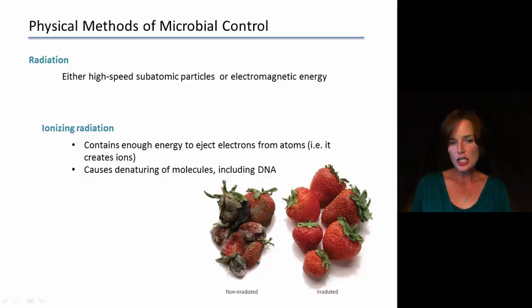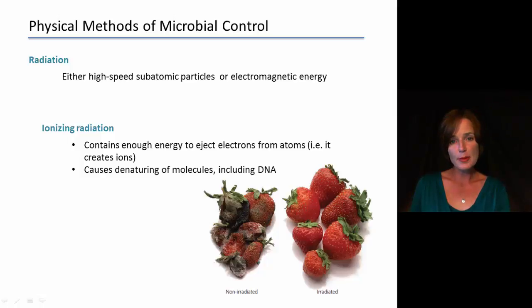When electrons are ejected, it creates ions, which are charged atoms. Those ions can be very damaging for various molecules inside the cell. Proteins could be denatured, DNA could be damaged and not readable for the cell, and we could have mutations resulting from this.